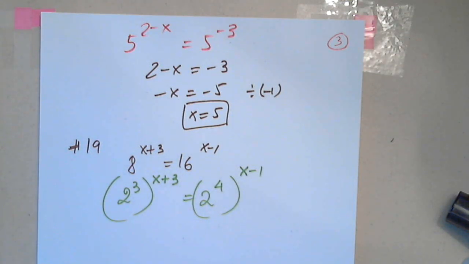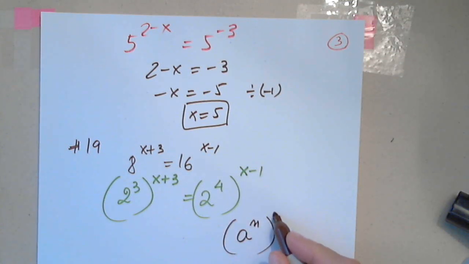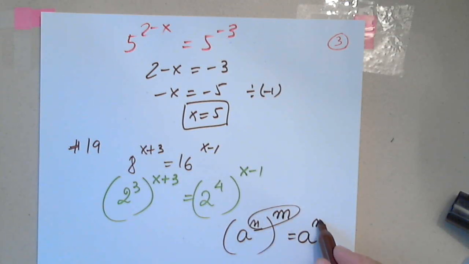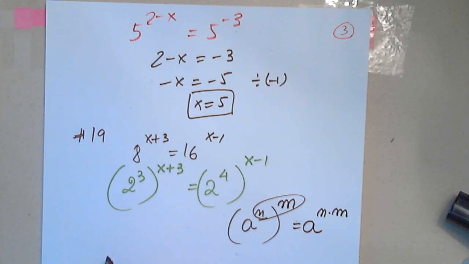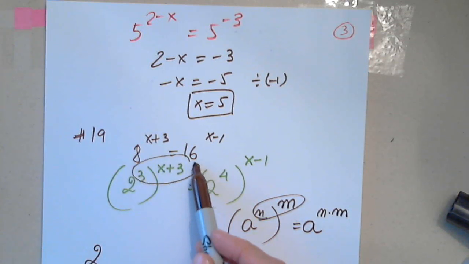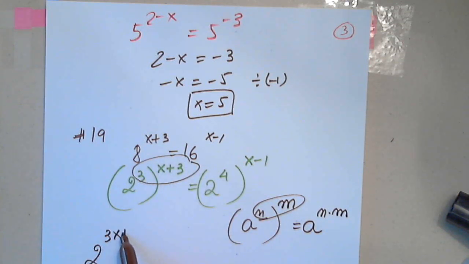Of course it's not done. Now I have to use the power rule. And let me refresh your memory on the power rule. A raised to n power, everything raised to the nth power, I copy the base and multiply the exponents. And this is what I have to do now. I copy the base and I multiply the exponents and I get 3x plus 9.